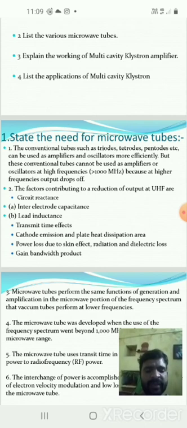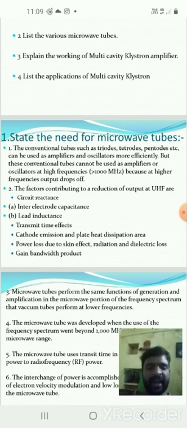Need for microwave tubes. Conventional tubes like diodes, triodes and tetrodes are used for general amplification and oscillator purposes at lower frequencies.